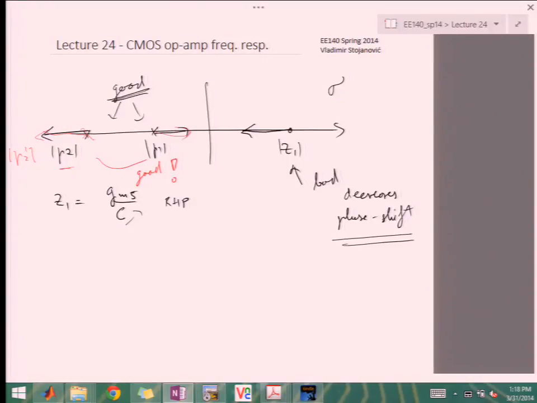When we tie the feedback, at let's say 45 degree margin, that new location of P2 will be our bandwidth of the amplifier. So that was all good. But the problem is that as P2 is going out, the zero, which is just GM5 over C, with C increasing, is actually starting to move in.